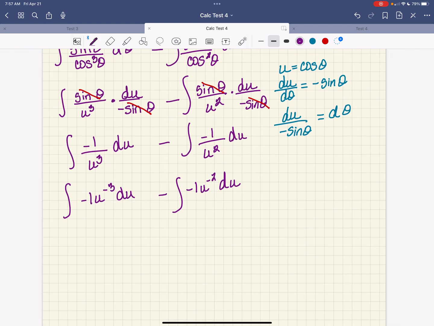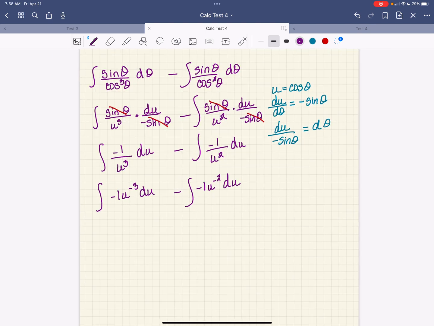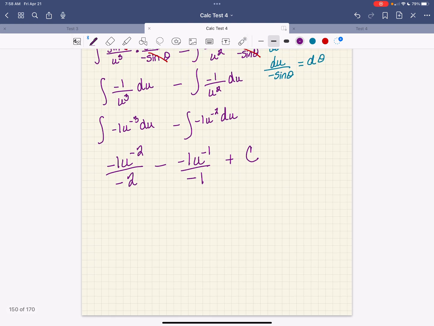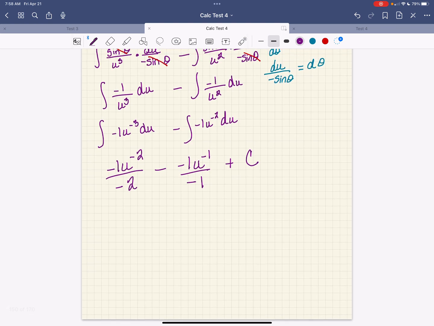Okay, so now we are at the point where we can do some calculus. Okay. So I've got negative 1 u to the negative 2 over negative 2 minus negative 1 u to the negative 1 over negative 1. So we got a whole bunch of negatives that we got to look at. Okay, so now let's do a rewrite here. I've got a negative and a negative, so that's going to be a positive. And this u to the negative 2, we're going to move that to the denominator.